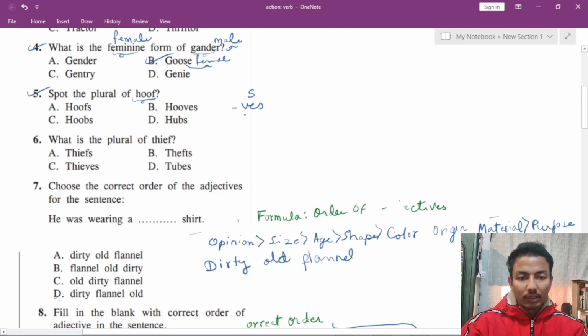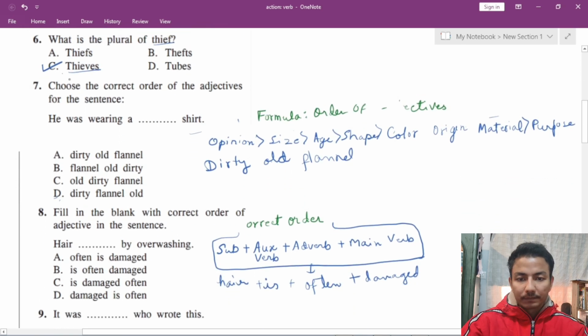These have ves at the end. Just like hoof, instead of hoofs, we must write hooves. Next, the plural of thief is very similar: thieves. So the correct answer here is C. Okay, let us move on.